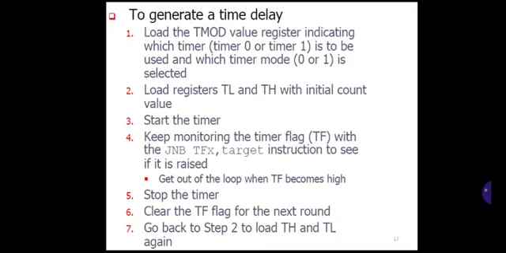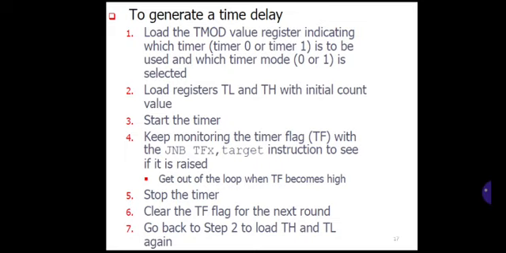Next step is to keep monitoring the timer flag. So how to monitor the timer flag? That is by using the instruction called JNB, jump if no bit. Remember, JNB is the instruction that is used to monitor the timer flag. So JNB TF0, target address, or JNB TF1, target address, or in general JNB TFx, where x is 0 or 1, timer 0 flag or timer 1 flag, to the target address, to see if it is raised.